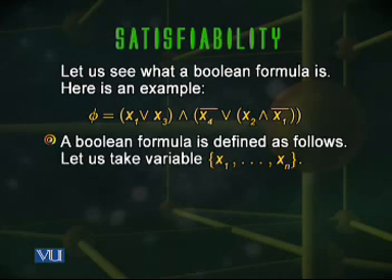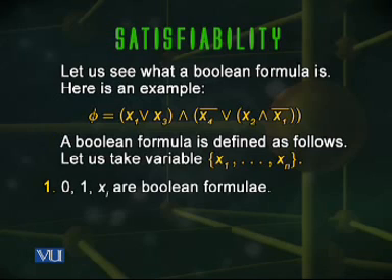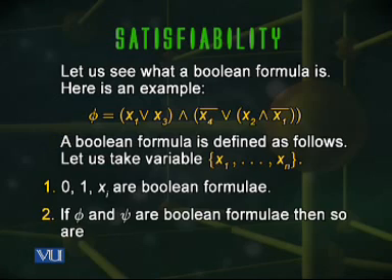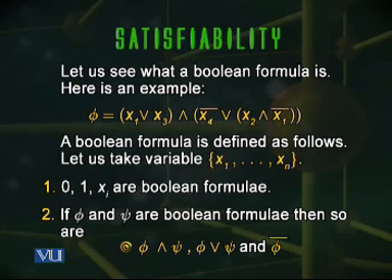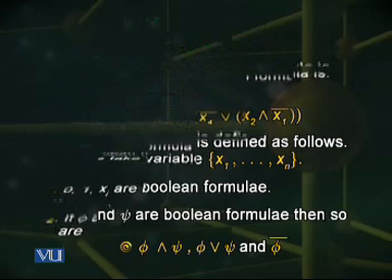A Boolean formula is formally defined like this. We take the variables x1 up to xn and we declare that 0, 1 and xi are all Boolean formulae. And then we say that if phi and psi are 2 Boolean formulas, then so are phi and psi, phi or psi, and the negation of phi. So Boolean formulae are defined inductively.